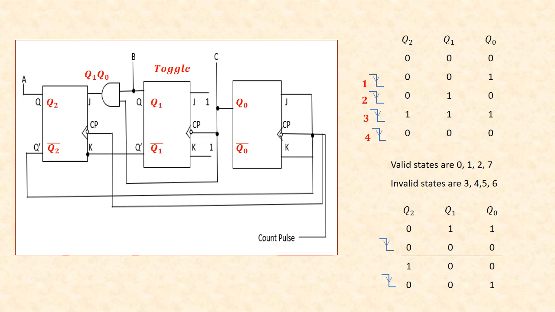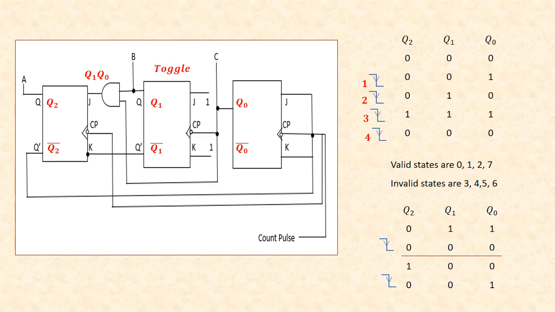Now the input to the third flip-flop will be J equal to Q1 dot Q0, which is 0 dot 1, which will be 0, and K is nothing but Q1 bar, which is equal to 1. So for J equal to 0, K equal to 1, our output Q2 will be 0.